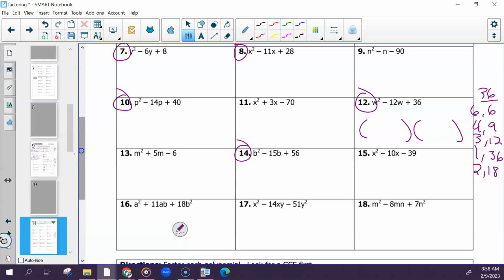Great. Now, if we're multiplying to get a positive 36, there are two ways for that to happen. They can both be positive or they can both be negative. So think about positive or negative, what would add to give us 12, and then we may have to make them both negative.